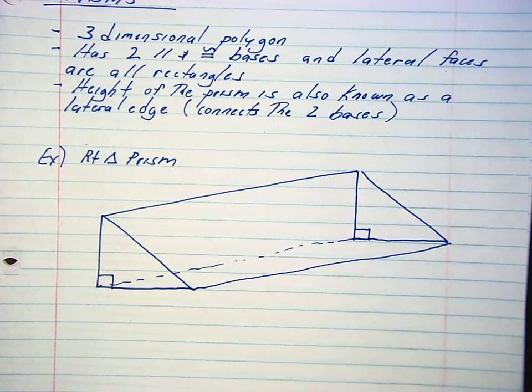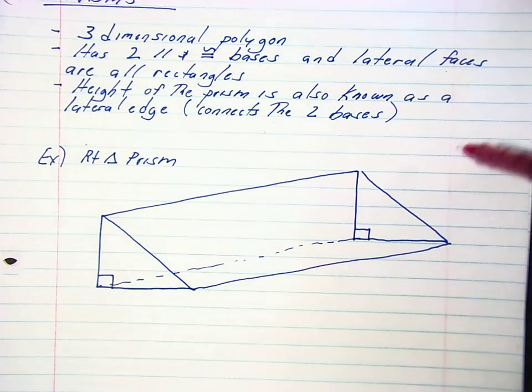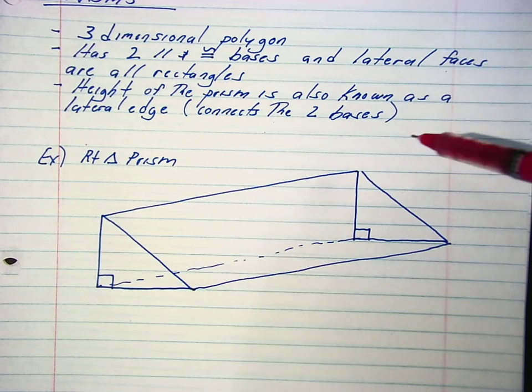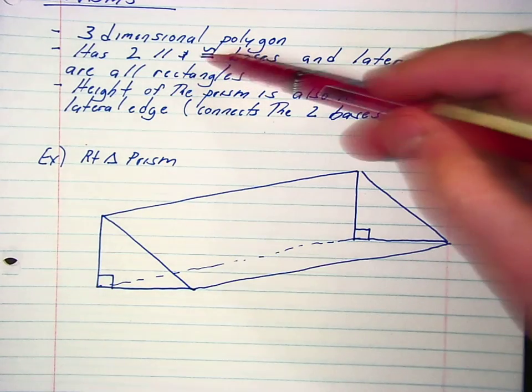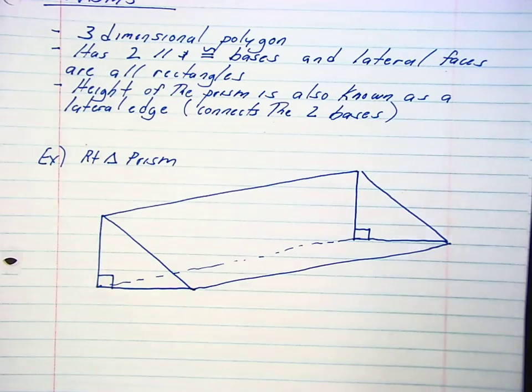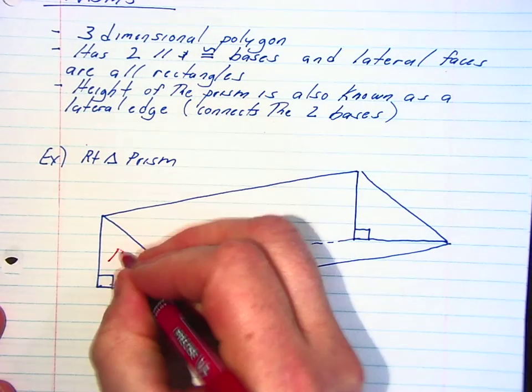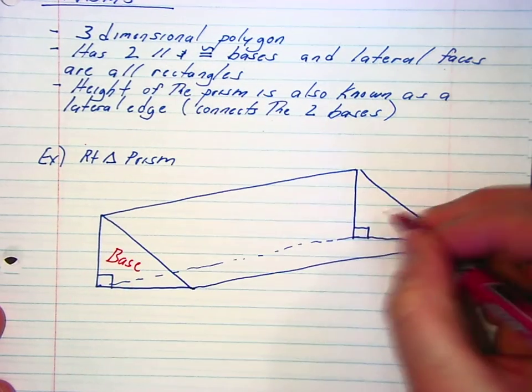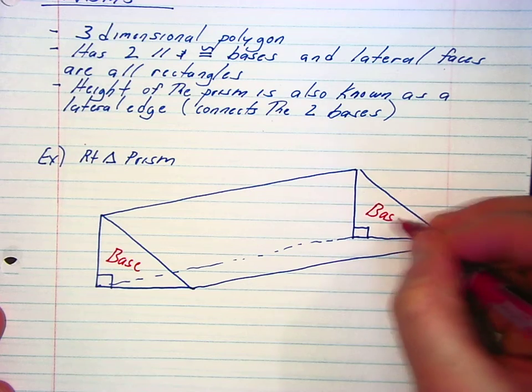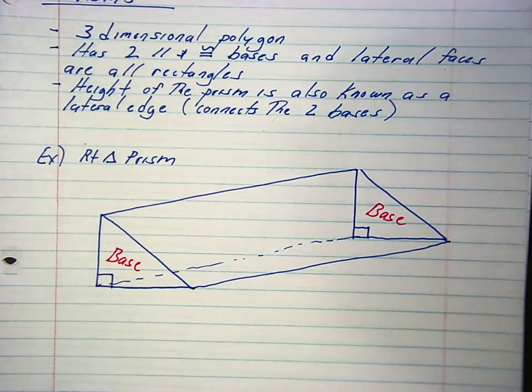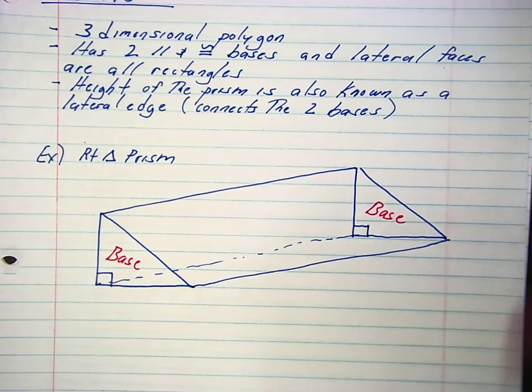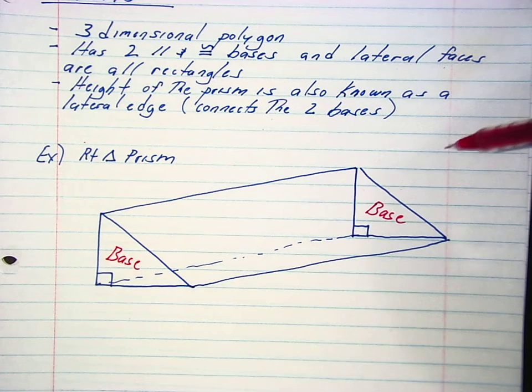So, like I said, when you look at a prism, there should always be two sides that are congruent and parallel. They're known as the bases. So that's going to be the right triangle. This is a base. This is a base. Good. All the other faces of the entire figure are called lateral faces, and they're rectangles. So we got three rectangles here.